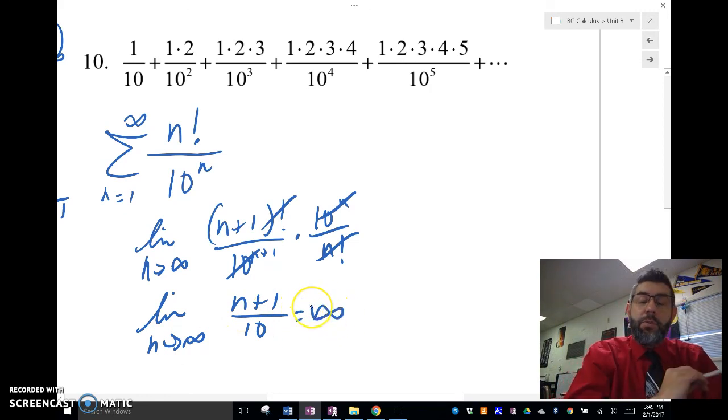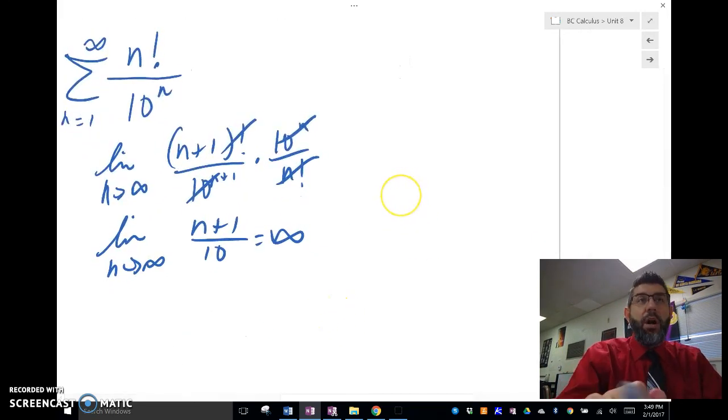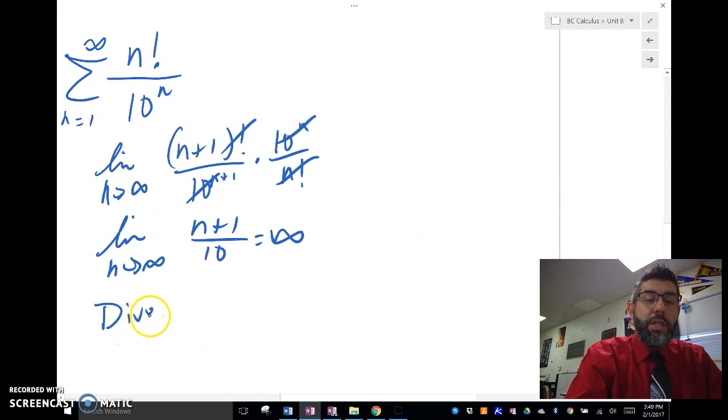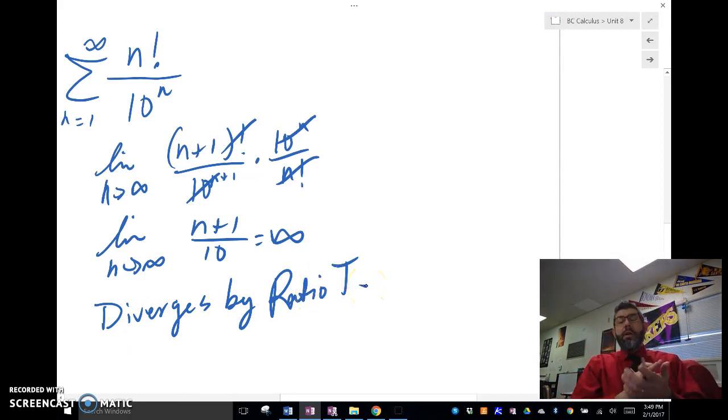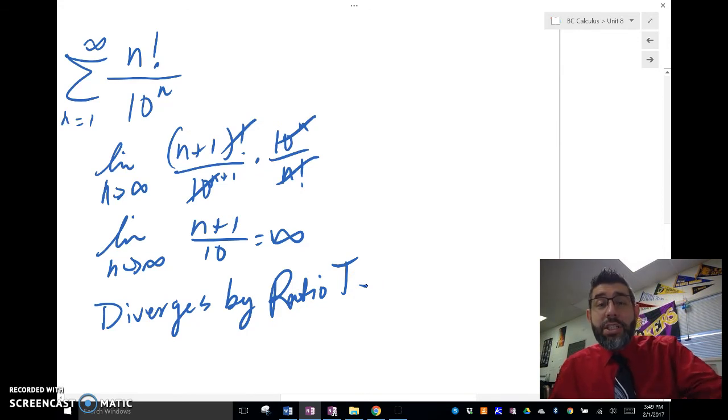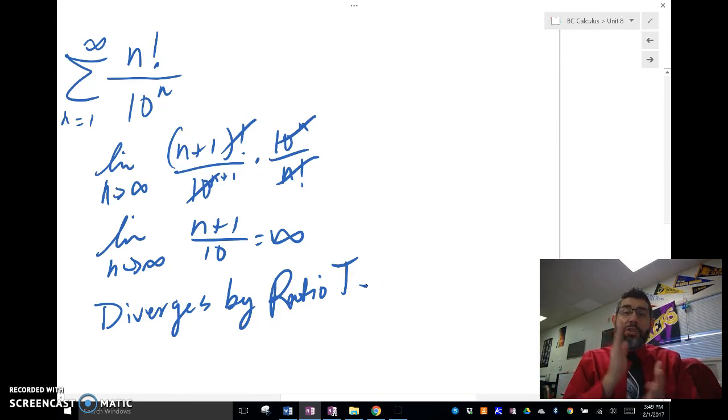That's equal to infinity. That diverges by the ratio test. All right? Boom. So there you go. That is a strategy for finding and choosing the right convergence or divergence test for your series problem.